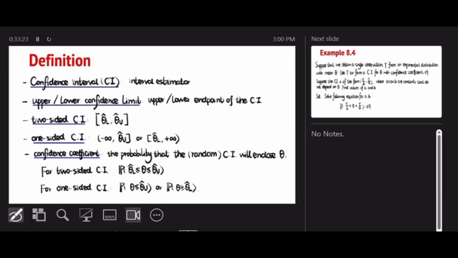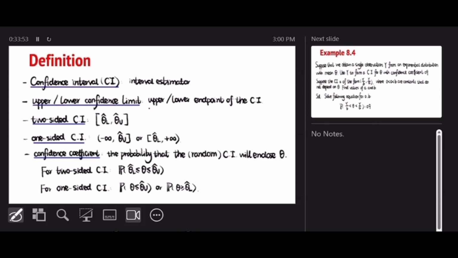Now, let me tell you this. In interval estimation, we also call the interval estimator a confidence interval. At times we could consider two-sided, or we can consider lower-sided, where maybe we only consider one part of the interval, or we can also consider upper-sided.